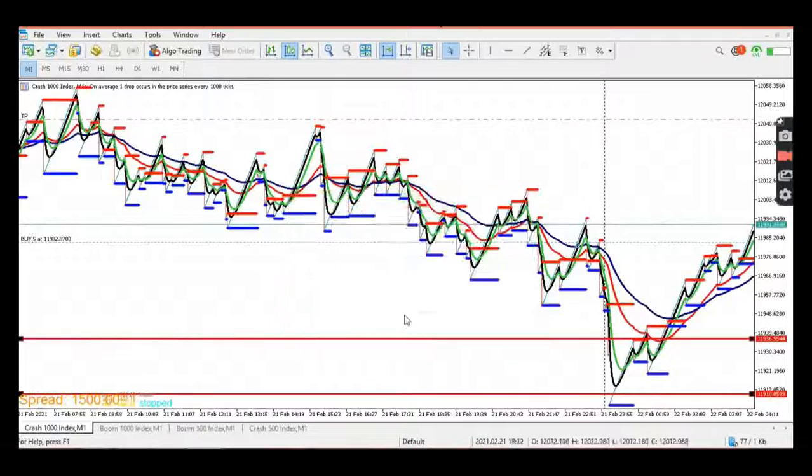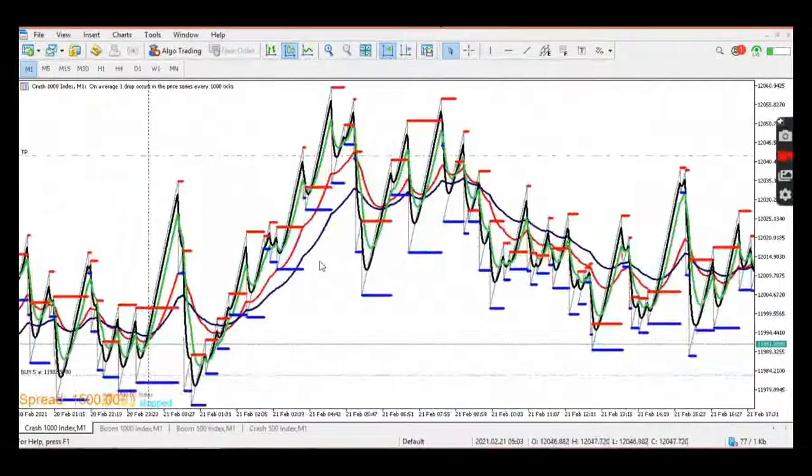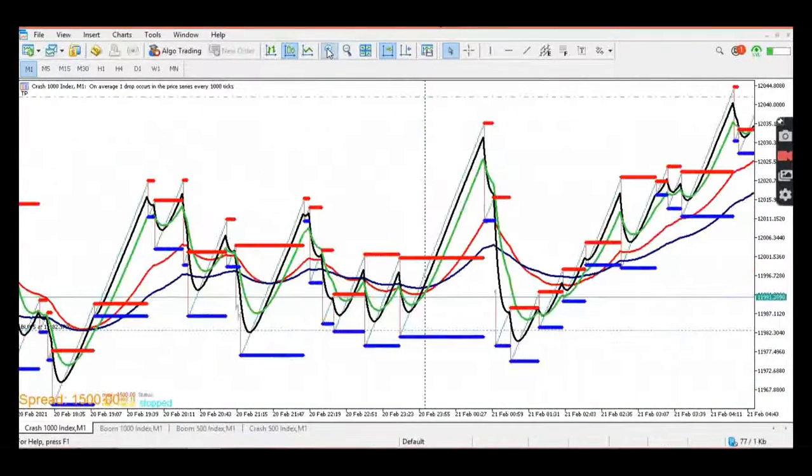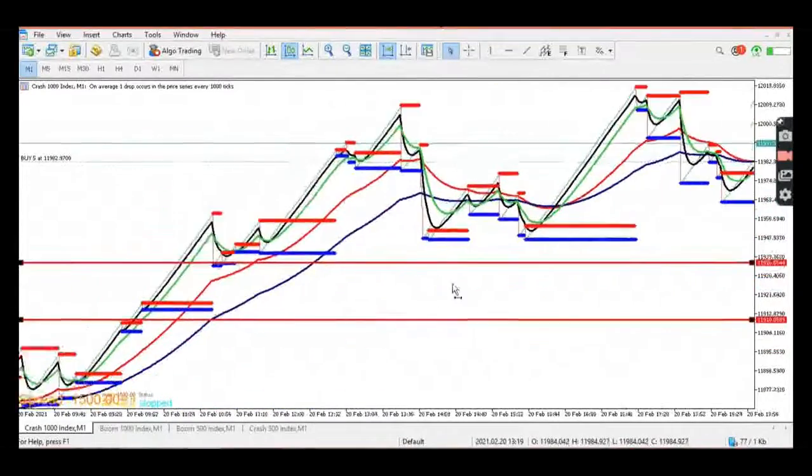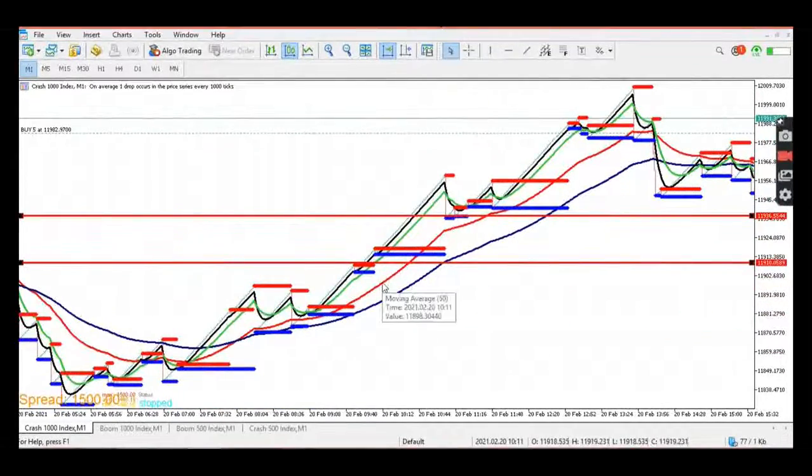So this red one you are seeing is the 50 moving average. Anytime price is above this moving average, that means the direction of your market is in an uptrend. If the price is below the 50 moving average, the direction of your market is in a downtrend. That's what you should understand.